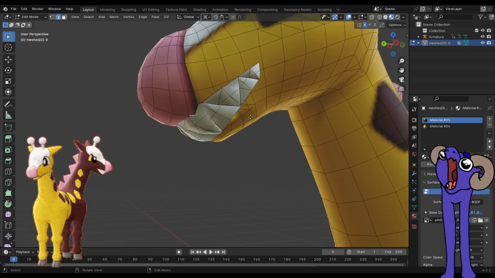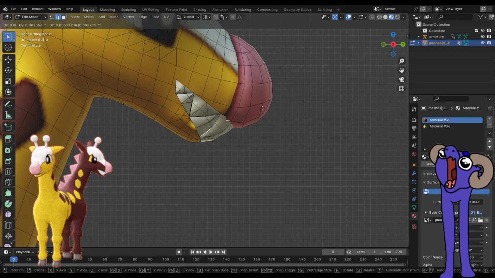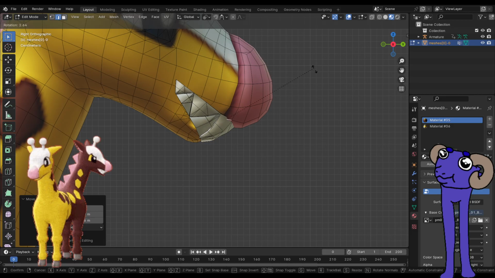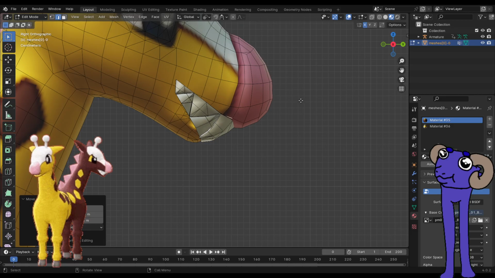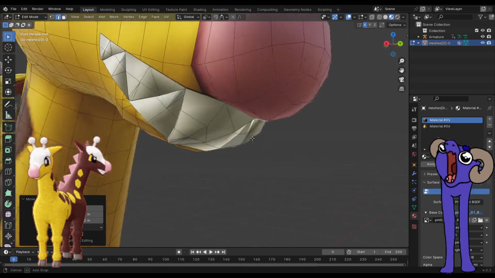Okay, one thing I will do though is I feel like the nose needs to be above the teeth. Like that.